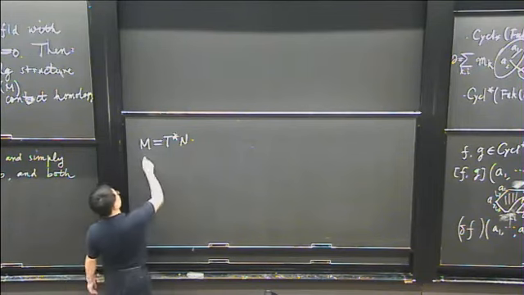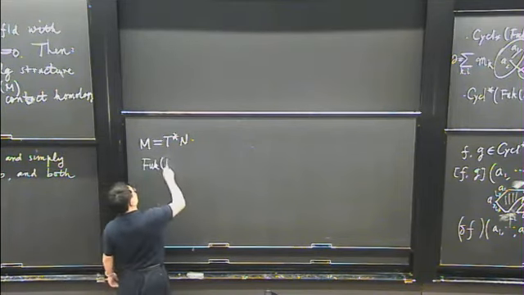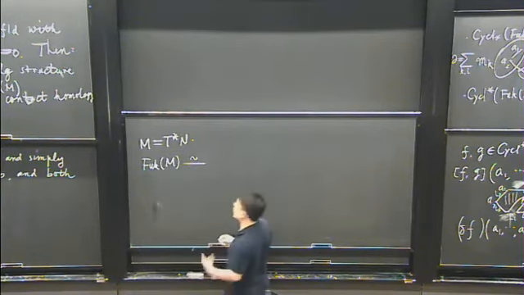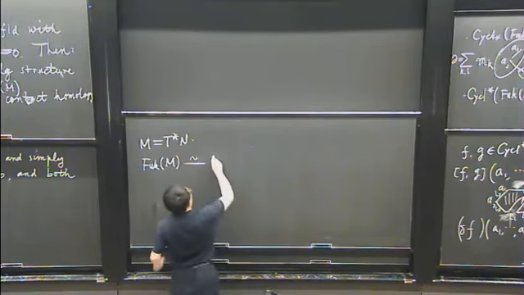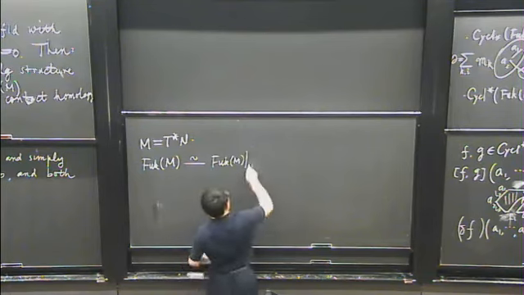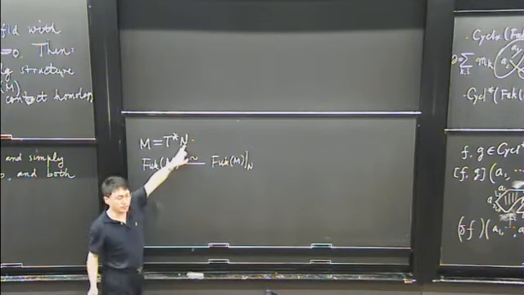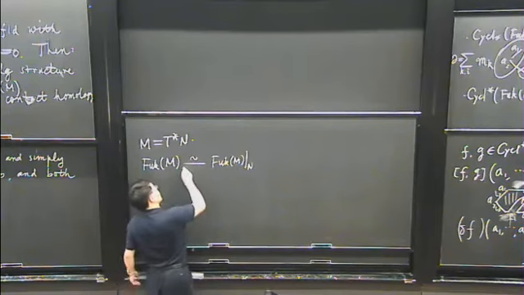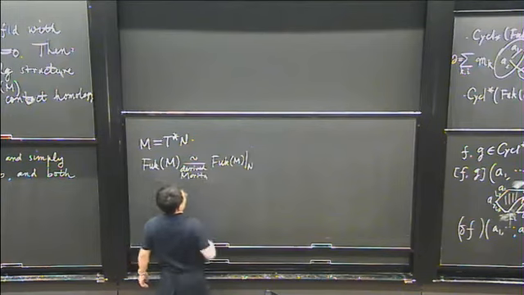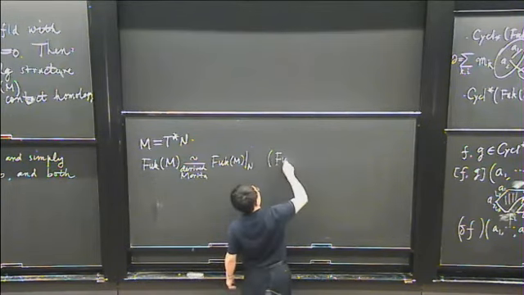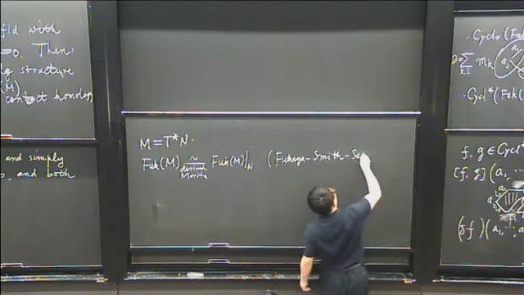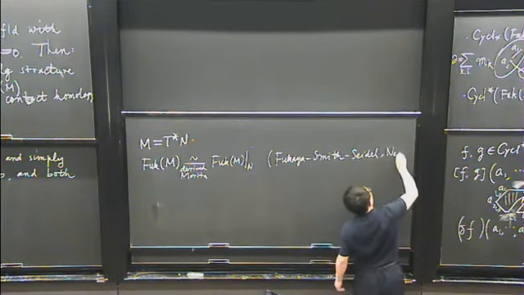Why is that? Actually, there is a theorem of Fukaya, Seidel and Smith, and also Nadler, which says that the Fukaya category of M, restricted to N, where we know that N is a Lagrangian submanifold, is derived Morita equivalent. This is a result of Fukaya, Smith, Seidel, and also Nadler.